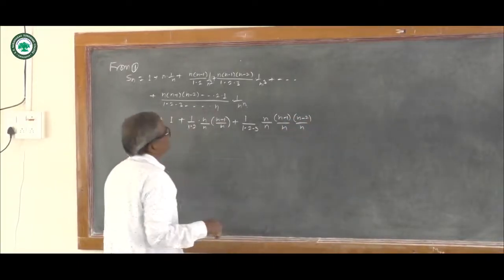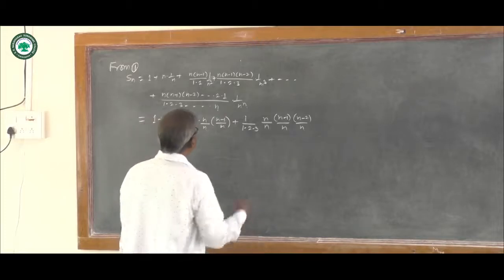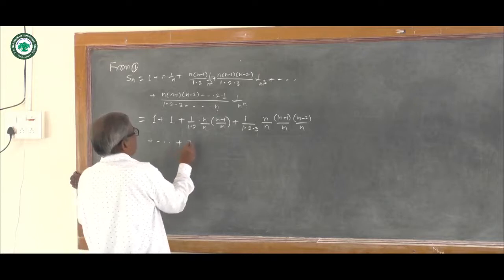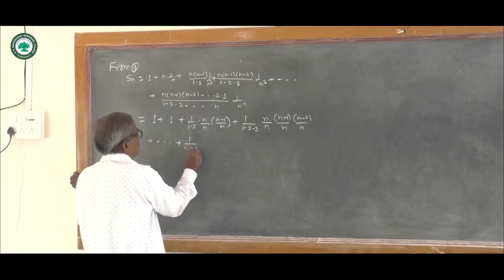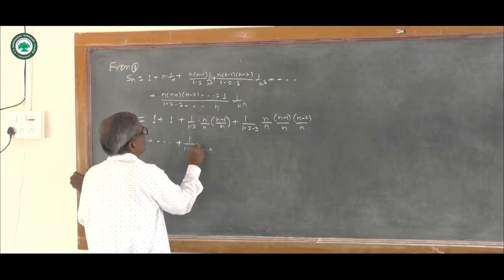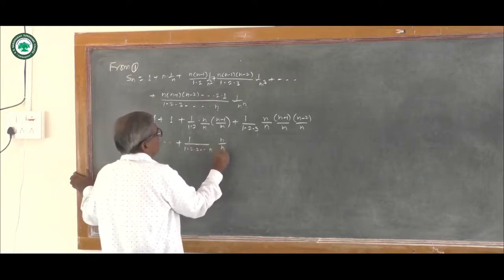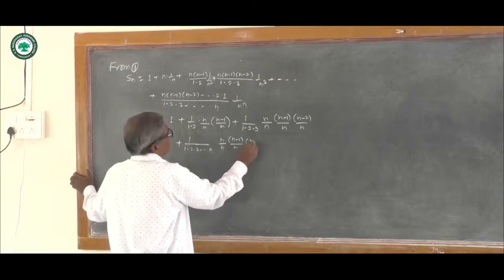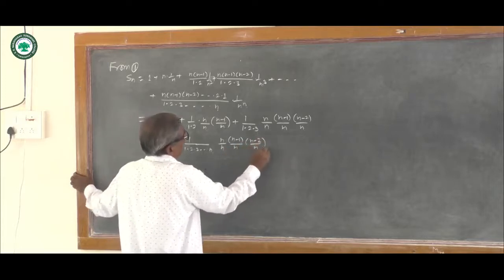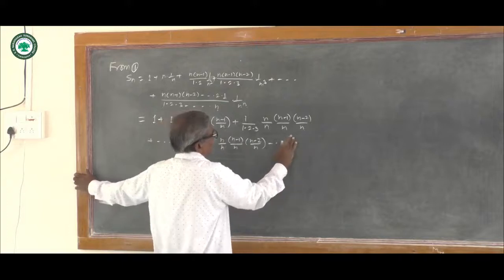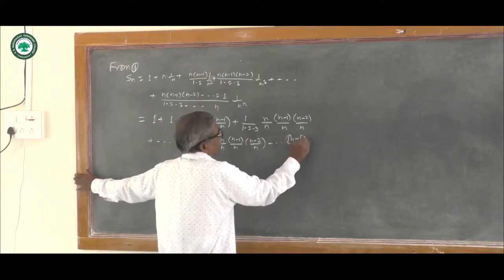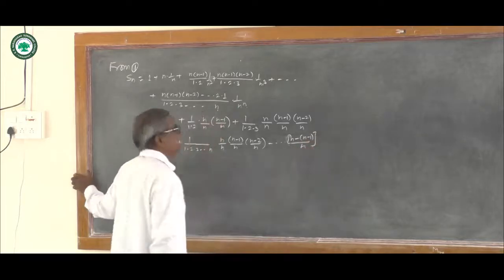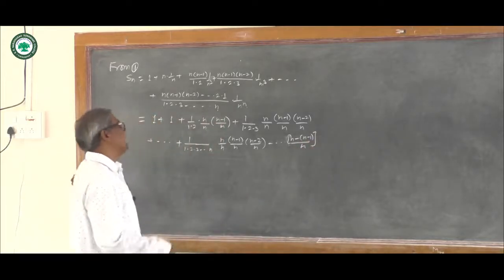N cube is n into n into n. Plus and so on. Last term is 1 upon 1 into 2 into 3 and so on up to n, into n by n into n minus 1 by n into n minus 2 by n and so on. Last factor is n minus 1 upon n. N raised to n is n into n into n, n times.